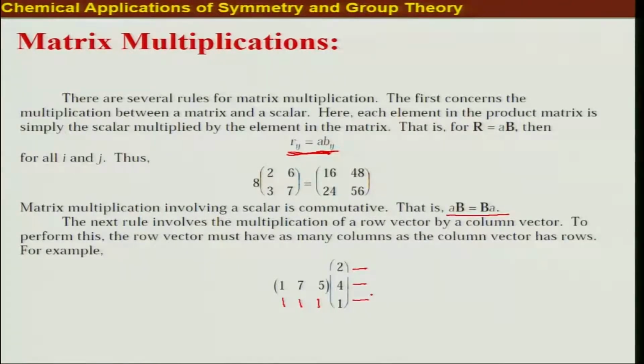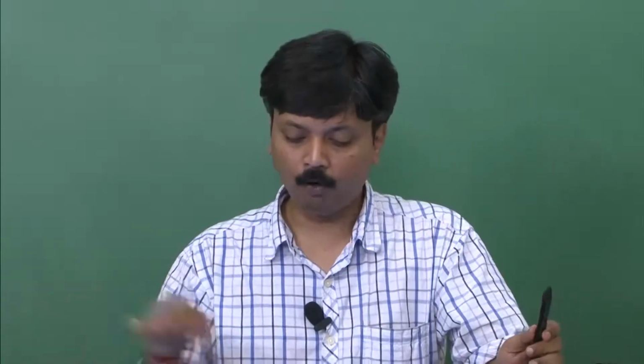If I would have 2 rows or 4 rows for the column vector, I could not do this multiplication. This is a very important rule, and it immediately tells you that you cannot have multiplication between any two matrices. It has to follow this criterion.